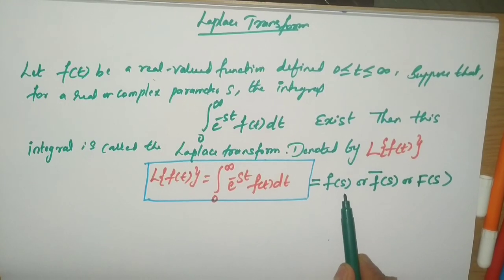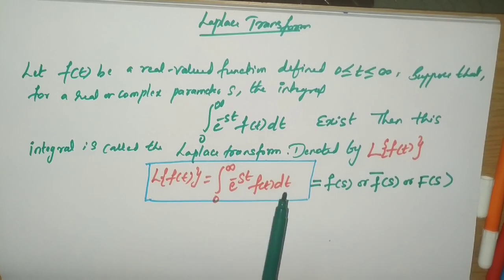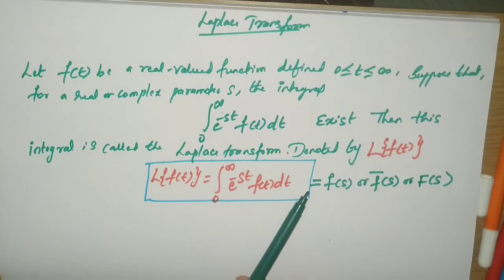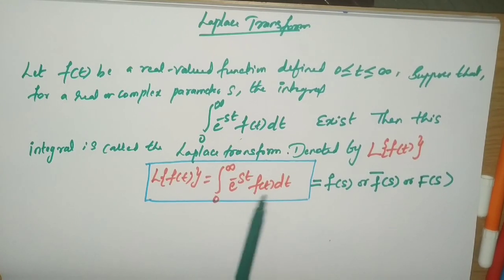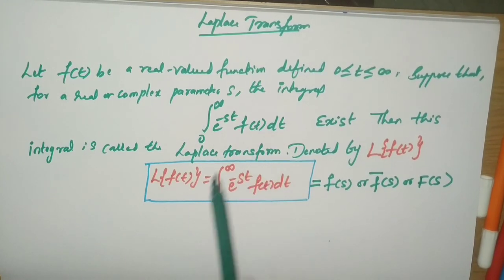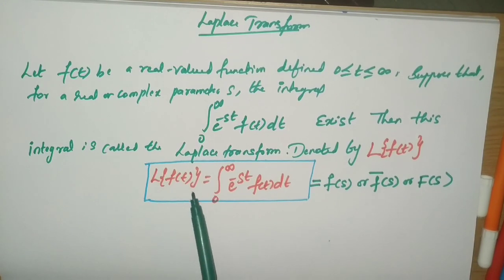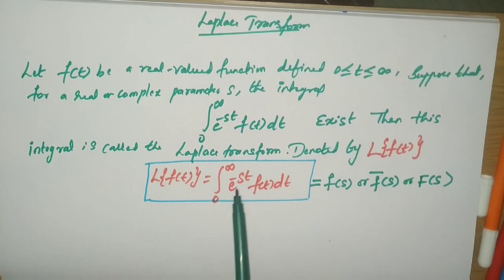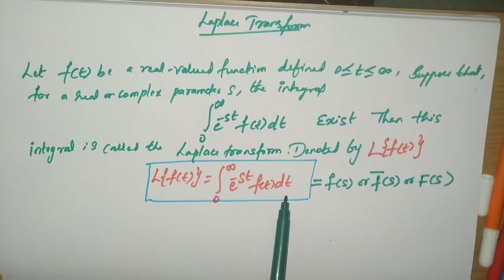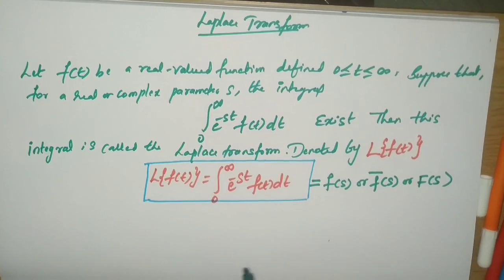As I already told, if you want to transform from one domain to another domain, Laplace transform will help. For example, frequency to time domain, heat into time domain, anything transforming from one form to another form can be done using Laplace transform. So L of f of t is equal to 0 to infinity e power minus st f of t dt. This is the formula for Laplace transform with the parameter s.